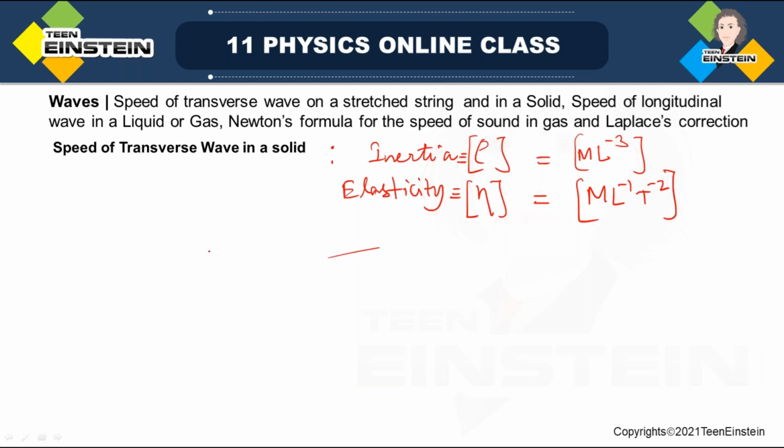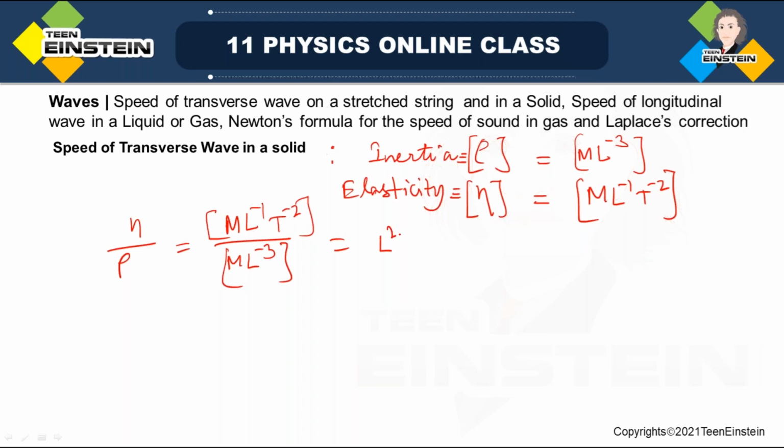Now a similar thing we'll do here. We'll take the ratio of eta by rho, and it would give you m L to the power minus 1 t to the power minus 2 over m L to the power minus 3, which gives L to the power 2 and t to the power minus 2.